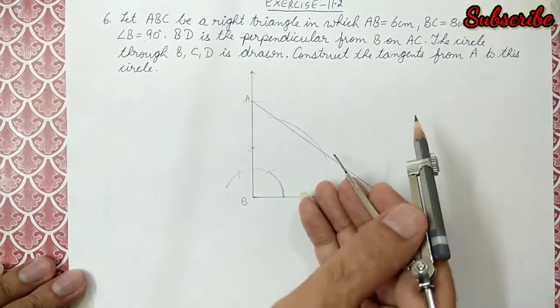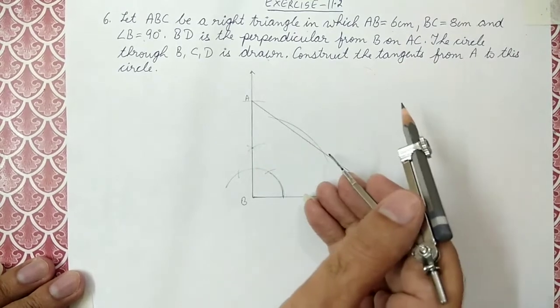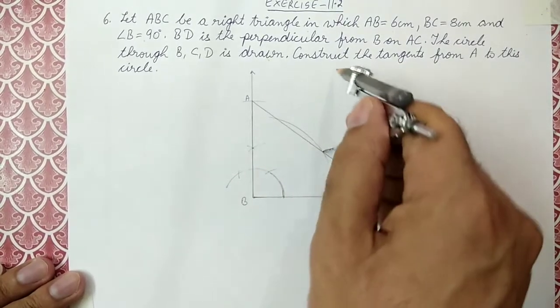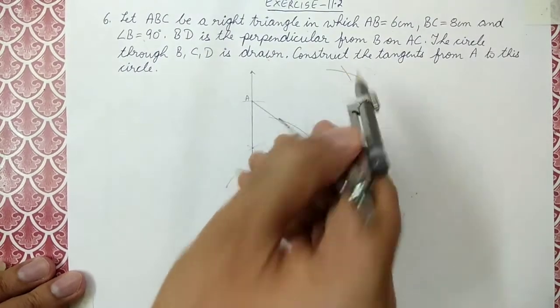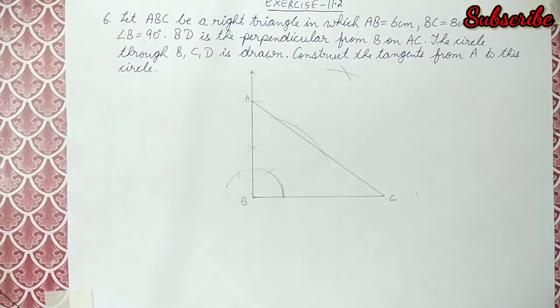You can see I have got 2 points here, these 2 points. So keeping the compass at these 2 points, one here and then I keep it here, right? So I join these.